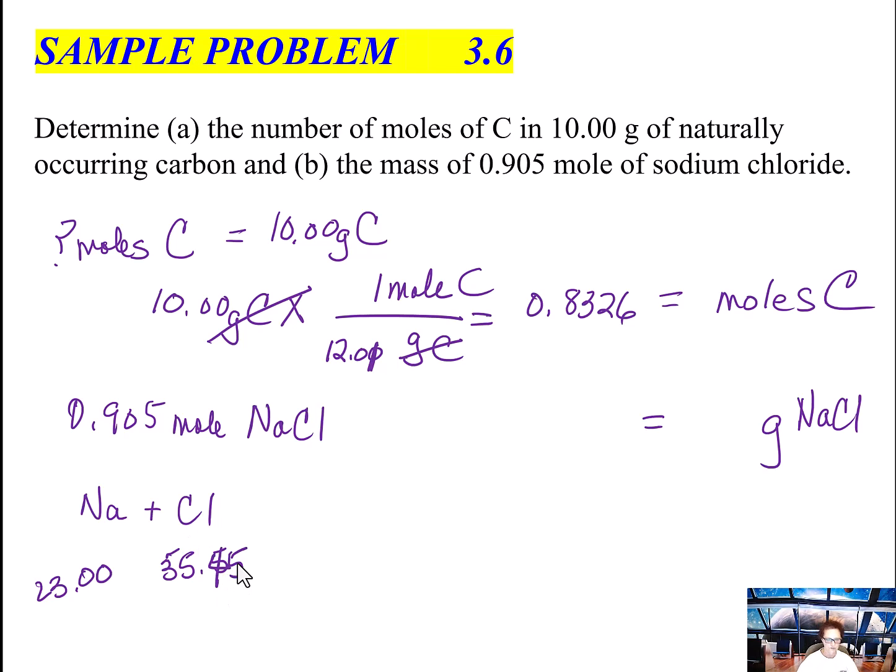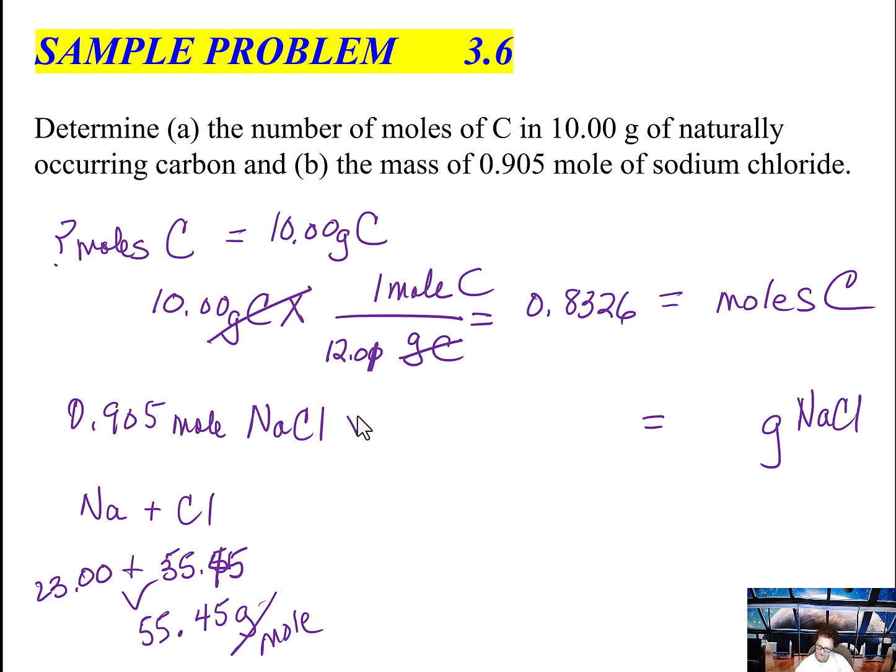I just looked at my periodic table. When I add those together, the formula weight for sodium chloride is going to be 23 plus 35.45, or 58.44 grams per mole. That's the molar mass of sodium chloride.